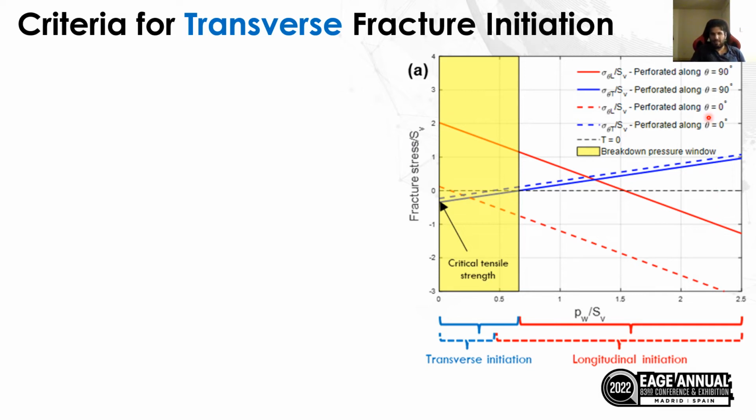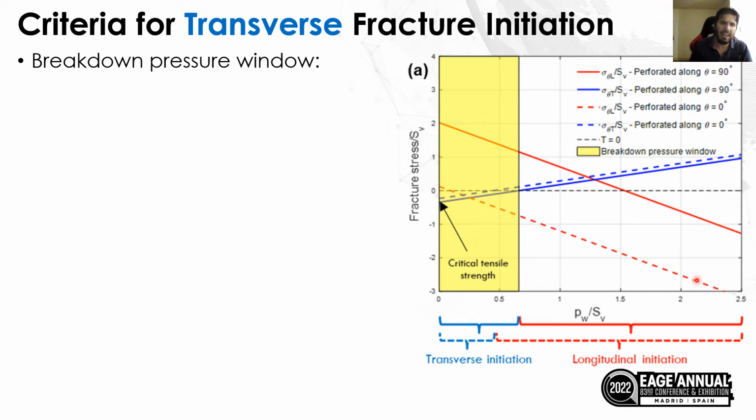And looking at this plot, we can see two criteria that need to be satisfied for us to get transverse fracture initiation. And that is, one, we need to have the breakdown pressure staying within the breakdown pressure window. That is indicated by the yellow shaded region here.